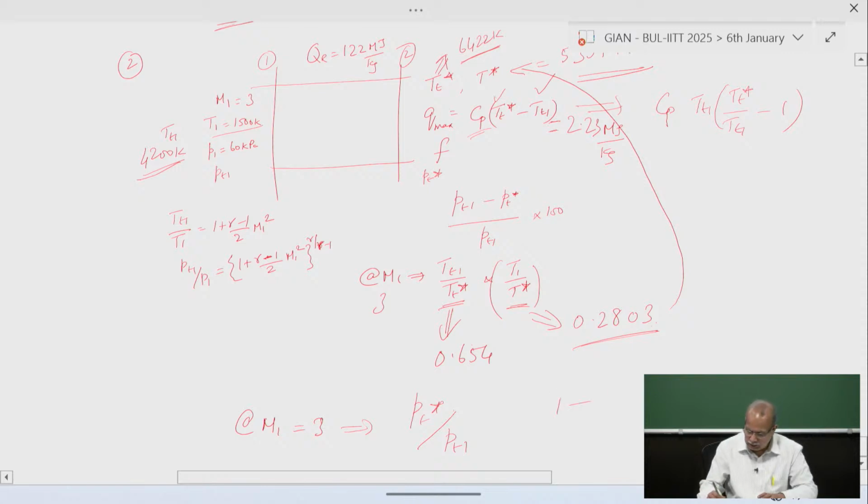So 1 minus PT star by PT1 into 100 will give directly the percentage change in the pressure loss, the total pressure change in the combustor.